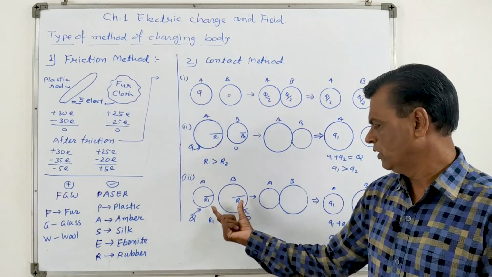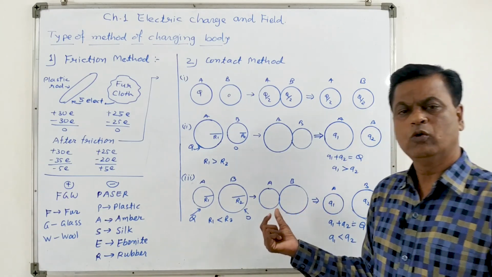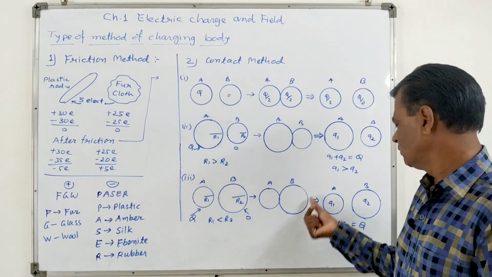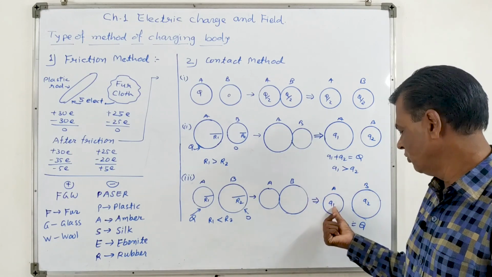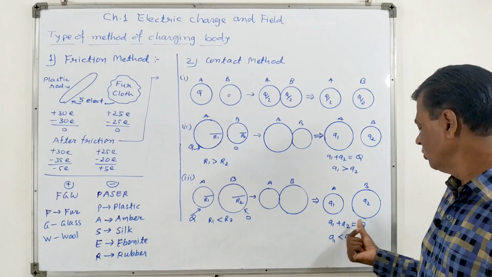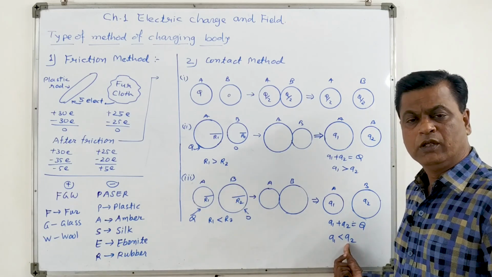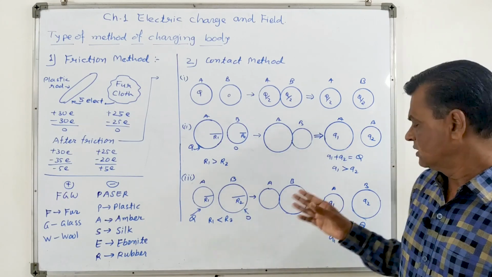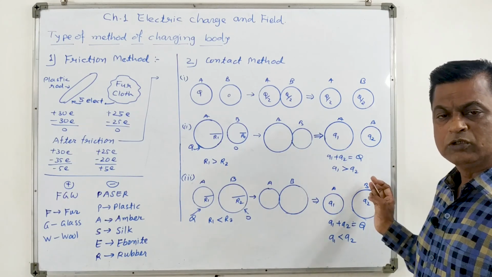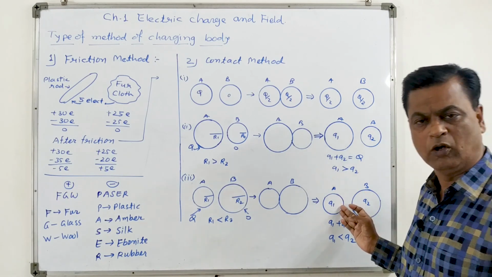Now these two spheres are brought in contact and separated, then Q2 amount of the charge is transferred from sphere A to B. Remaining charge on sphere A is Q1. Here also Q1 plus Q2 is equal to Q, but Q1 is less than Q2. So it indicates that more of the charge is transferred from A to B because there is a larger area on sphere B compared to that of A.